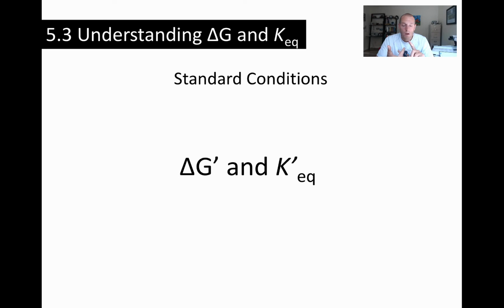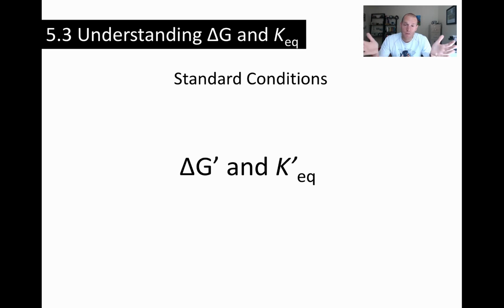So when people talk about delta G prime and K prime equilibrium, those are standard conditions, except what they're looking at is that the pH is not 1 molar proton or 1 molar hydroxyl. It's 10 to the minus 7 protons, 10 to the minus 7 hydroxyl. That's because the pH is 7.